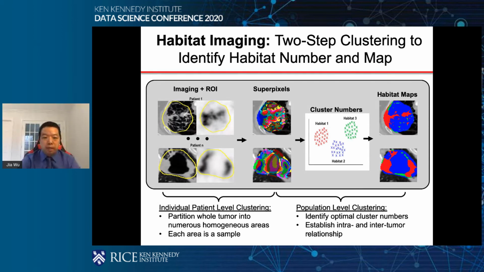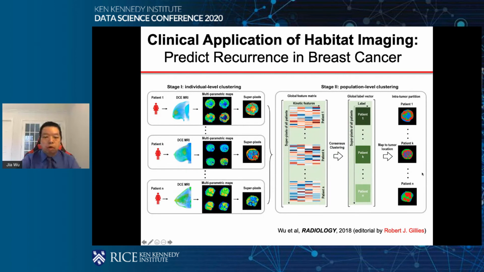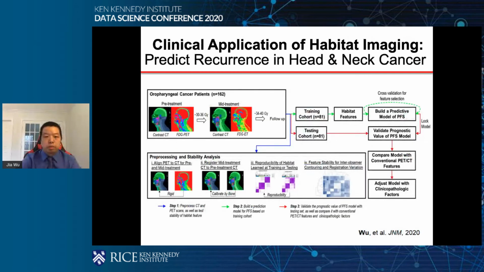And this habitat map summarizes how this spatial heterogeneity is reflected. We applied this approach to study locally advanced breast cancer and showed its value in predicting breast cancer recurrence after neoadjuvant chemotherapy. And lately, we used this algorithm to also study head and neck cancer and found that the longitudinal change of these habitat phenotypes can predict the recurrence after concurrent chemoradiation.